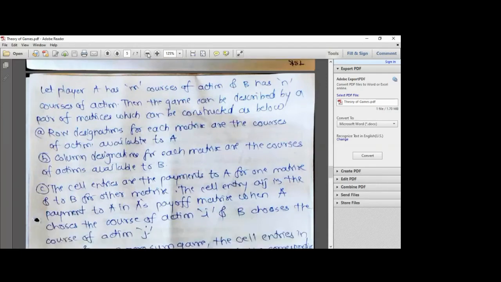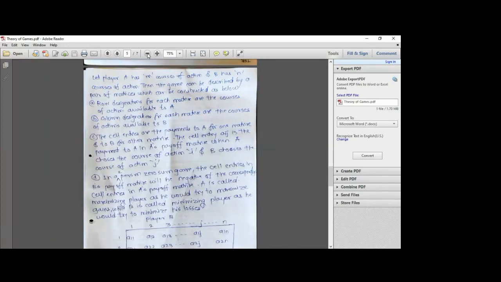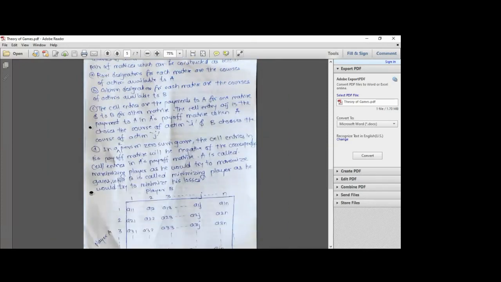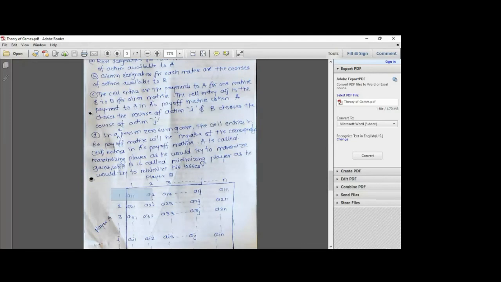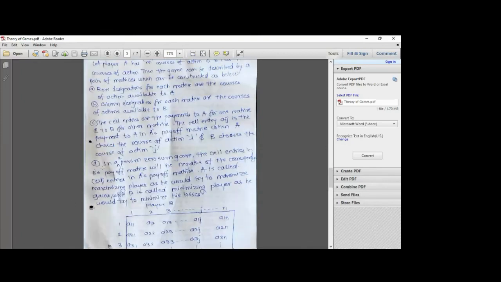The row designations for each of the matrices are the courses of action for A. So A's actions are all represented in this row. Row designations for each matrix are the courses of action available to player A.